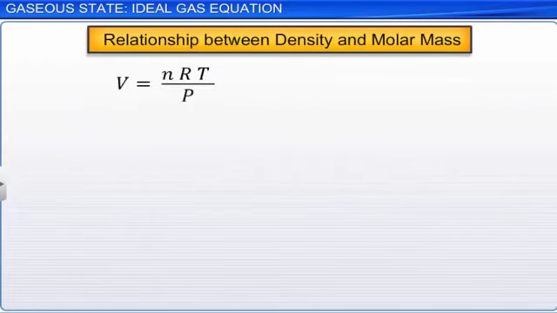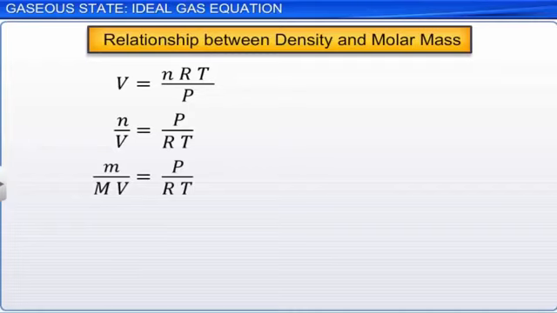On replacing number of moles N with mass of the gas m by M, we get the equation m divided by M into V is equal to P divided by R into T, where M is molecular mass of the gas. We know that m by V is equal to d, where d is the density of the gas.